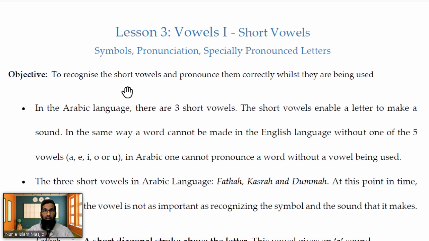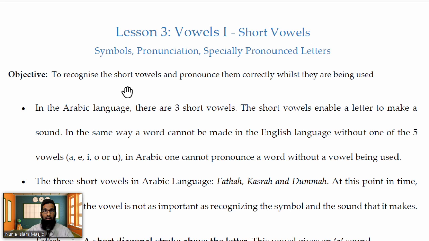Qa, qi, qu is a full mouth sound. Now this one is an empty mouth sound: k, ki, ku.